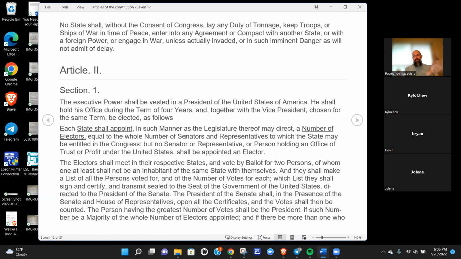each representative area divides their electors based on what area won the election, what side won the election. I know in some states the whole state votes and then they get all the electors.